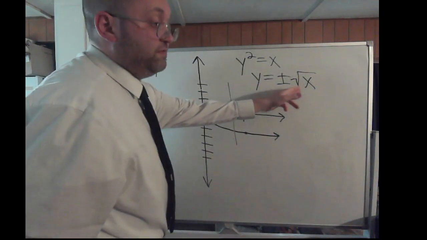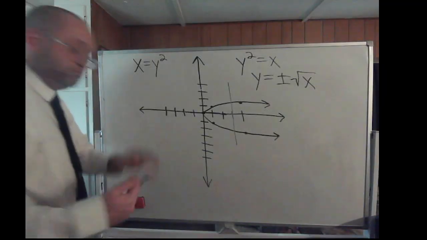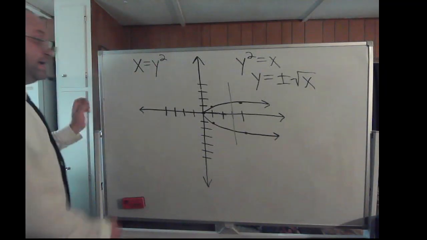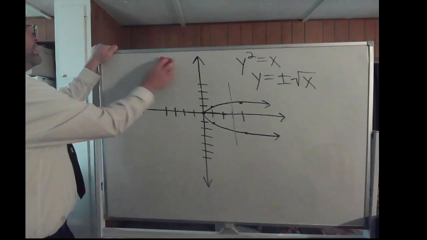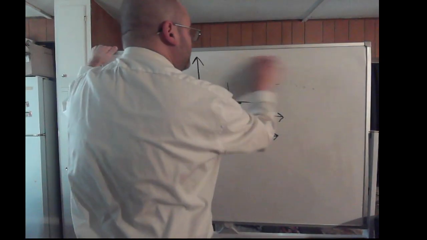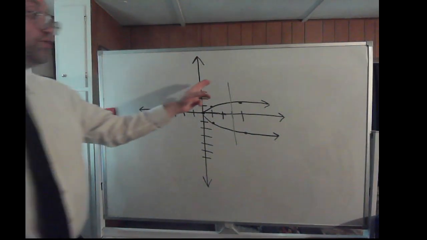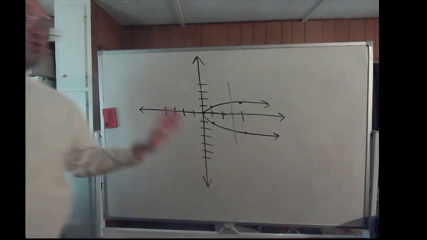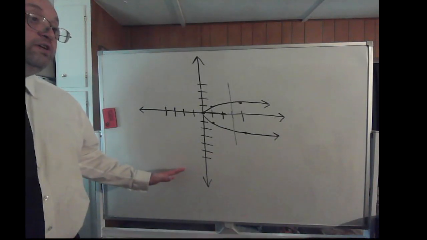Therefore, we have 2 values of y for every 1 input of x, so that can't work. That won't be a function, so graphically that's a way to determine also. So if your vertical line test goes through more than 1 point on the curve, you do not have a function. You may have a relation, but you don't have a function.